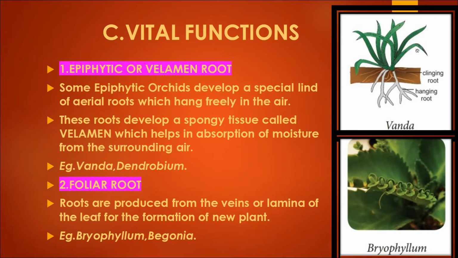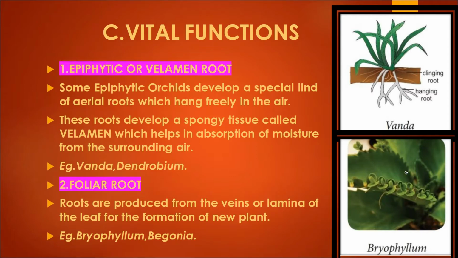Epiphytic plants grow on the trunk of some other trees, and these roots hang freely in the air, by which they can easily absorb moisture from the air. Example, Vanda and Dendrobium.